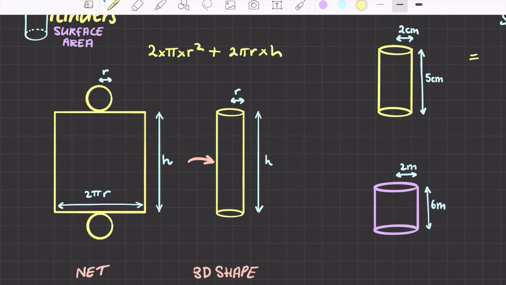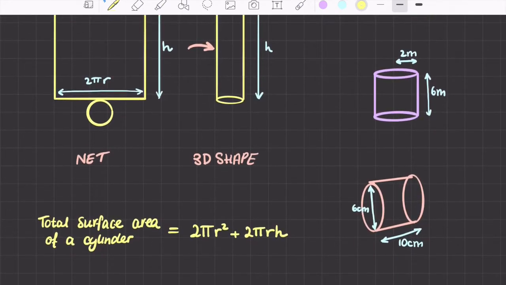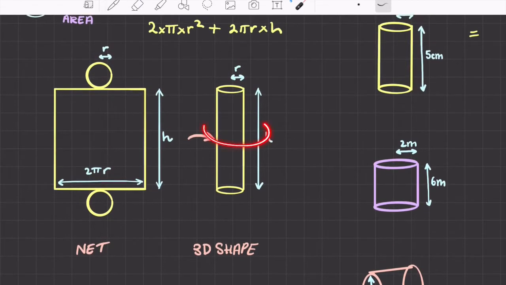And altogether that's going to make the surface area for a cylinder. So I've written it down here. The total surface area of a cylinder, okay, we've got 2 pi r squared, that's the two circles, top and bottom, plus 2 pi r multiplied by h. Okay, that's your rectangle, the bit that's curved around here.